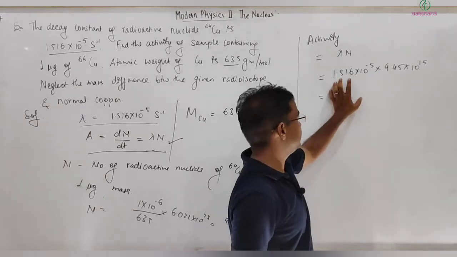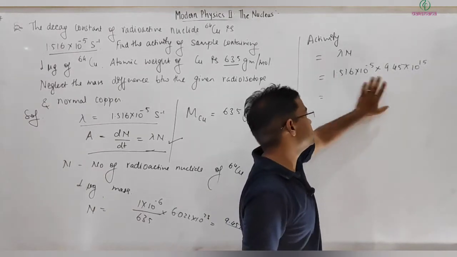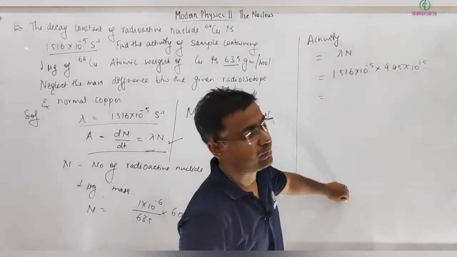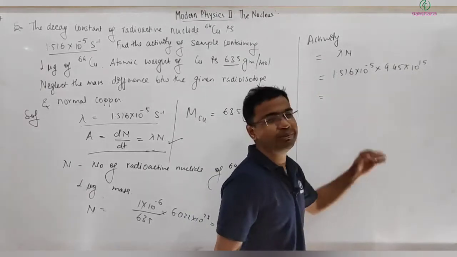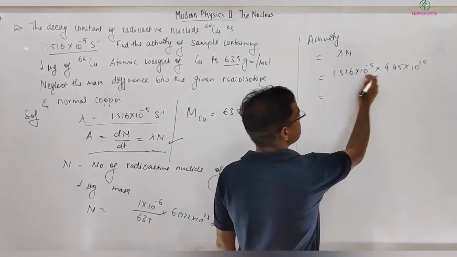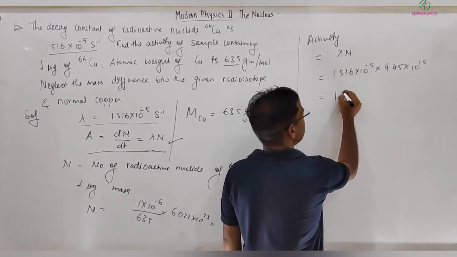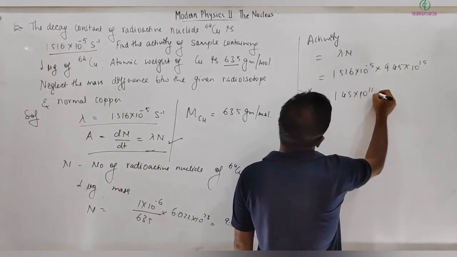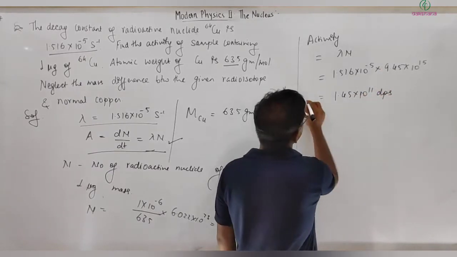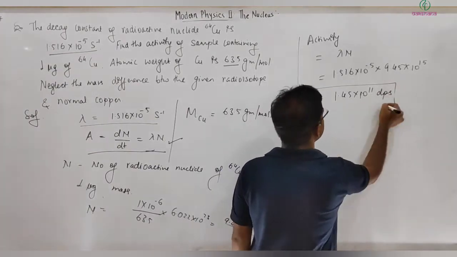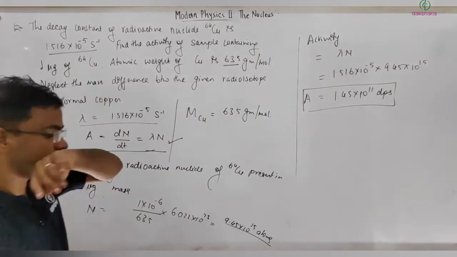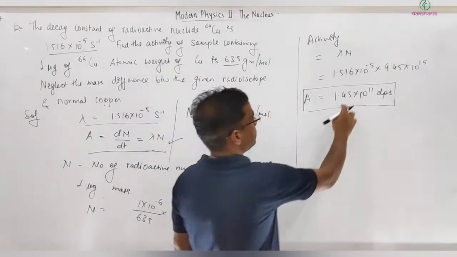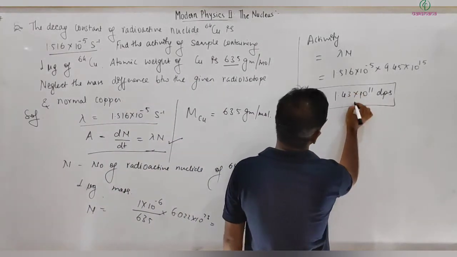You need to solve it properly, do the calculation part. You can use a calculator, but try to avoid it, because in IIT calculators are not allowed. So try to do the calculation properly. I'm directly writing the result: after multiplying, it's 1.43 into 10 to the power 11 dps. This is the activity coming after multiplying and solving this.